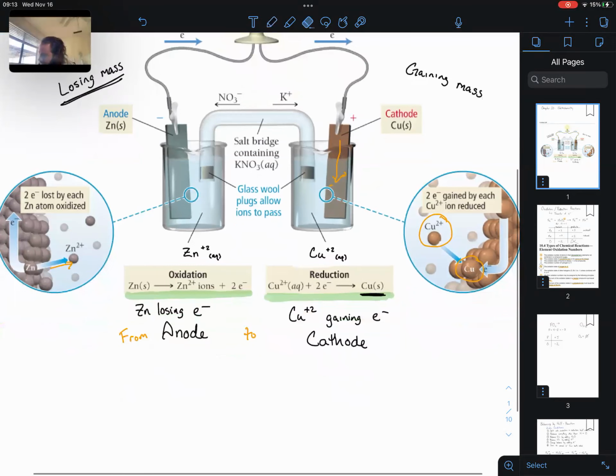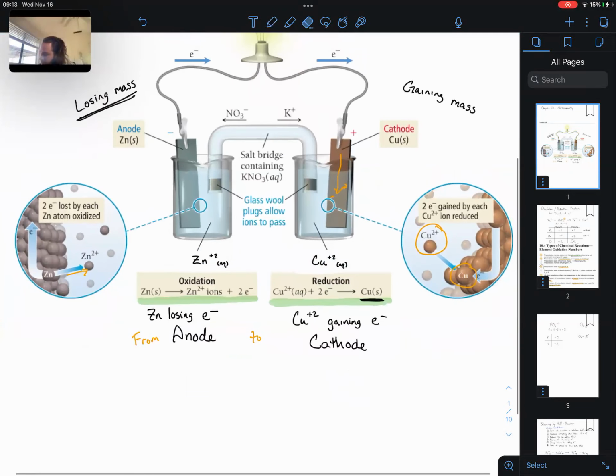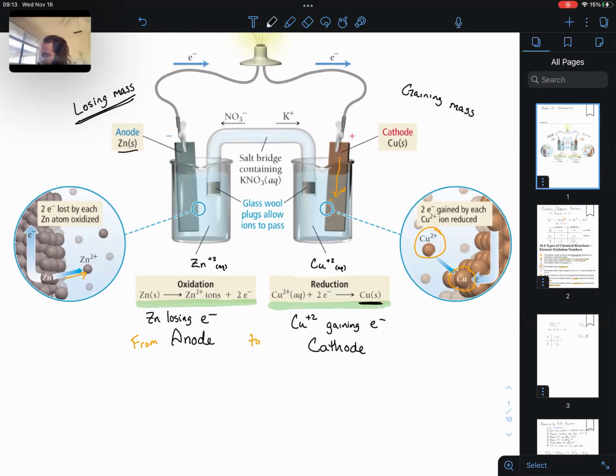Again, just to summarize the important bits, we have solid zinc at our anode. Oxidation is occurring at the anode, which means that zinc is losing electrons.